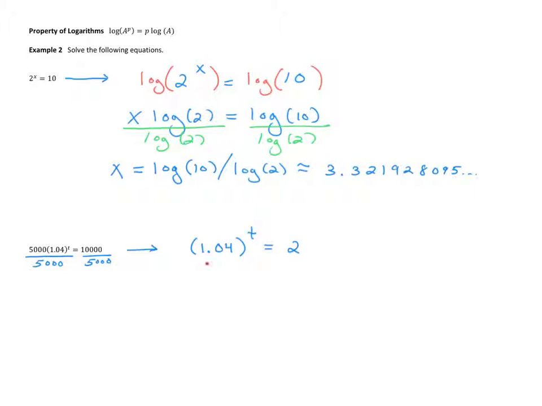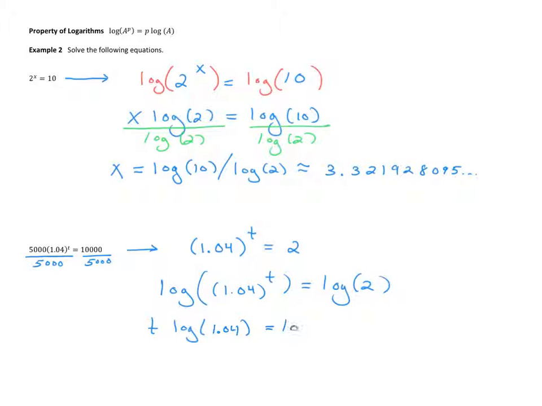Okay, I can now take this brand new equation, it's something to a power of t is equal to 2, and I'm going to take the logarithm of both sides. So that's log of 1.04 to the t is equal to log of 2. This property says I can take this variable and put it in the front of my equation. It's redundant to write all these extra parentheses, so I'll just put a 1.04 within the function.